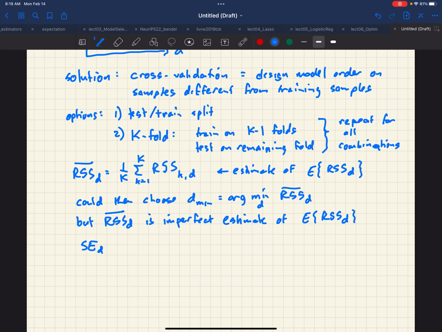And this i's go from 1 to n. Okay, so I think that's our model.